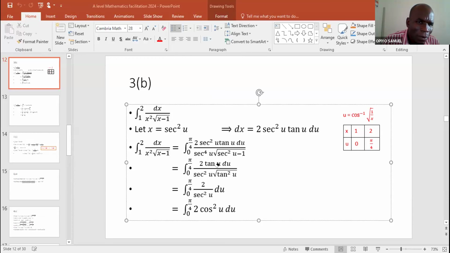I'm trying to say, why are we choosing to use sec squared in the substitution of x instead of using sine substitution? Why can't we use sine substitution?